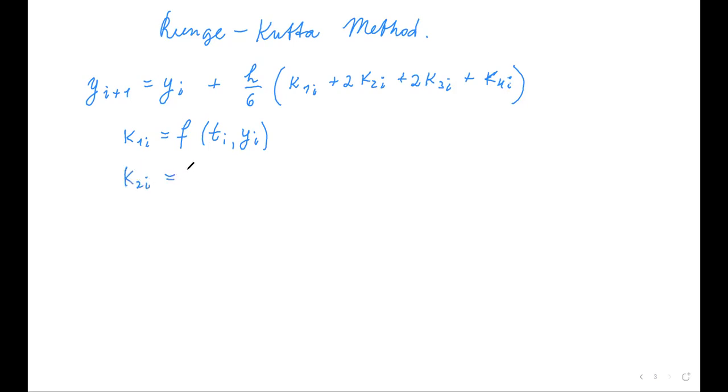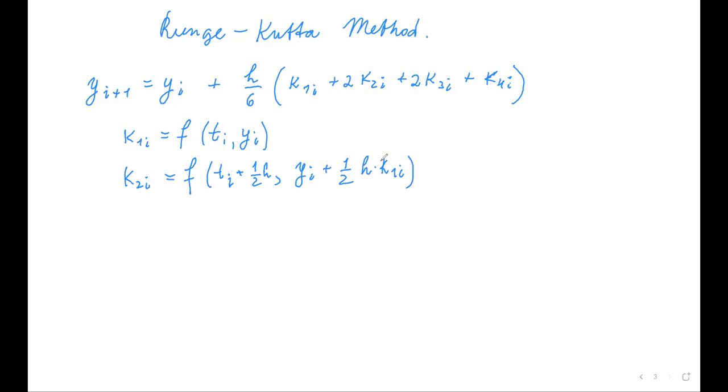Now, it's going to be a function on half of the step toward the next t. So 1/2 step here. And for approximation of y, we are going to also use like 1/2 step approximation. 1/2 of h k1i. You see that this k1 goes over here, multiplied by the step.